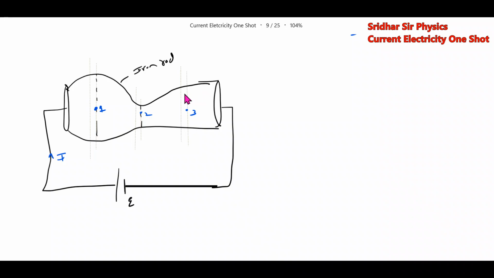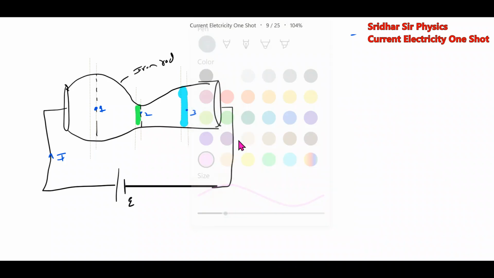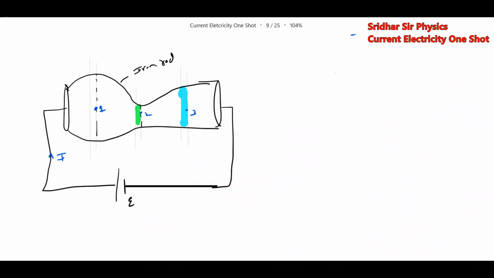You can see clearly. Here I'm assuming one element. We are assuming elements like this.